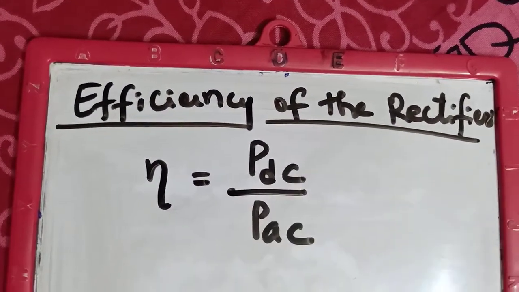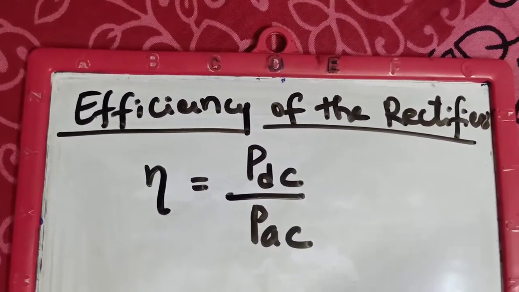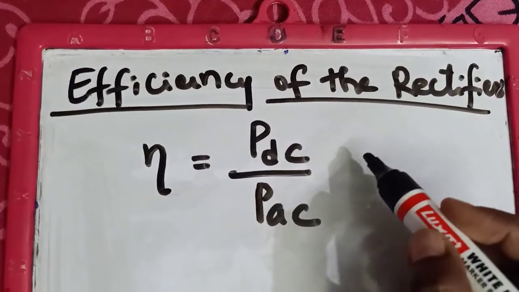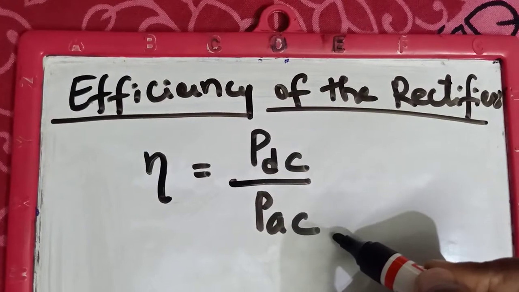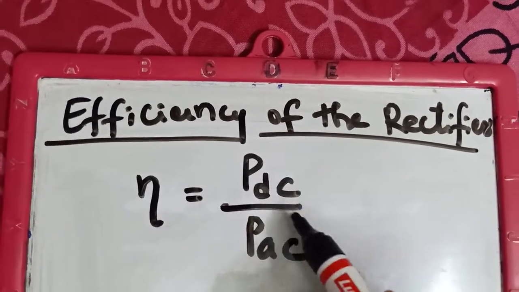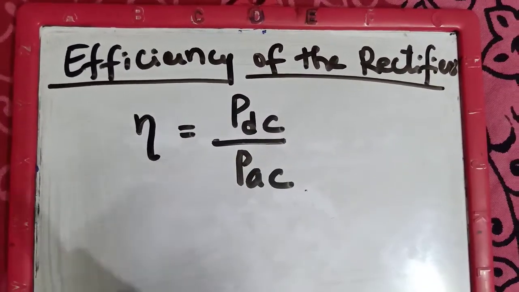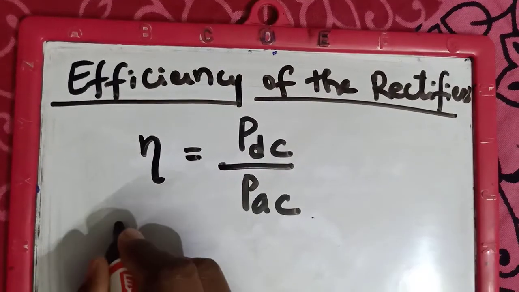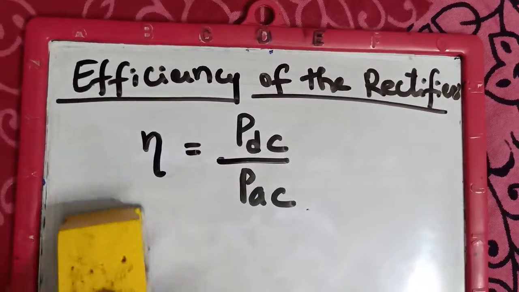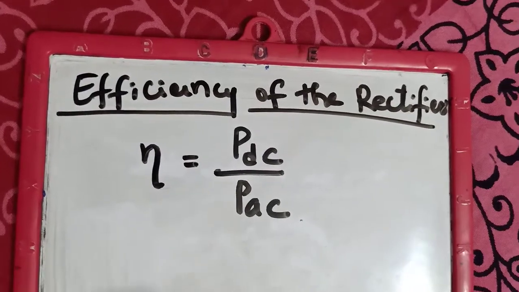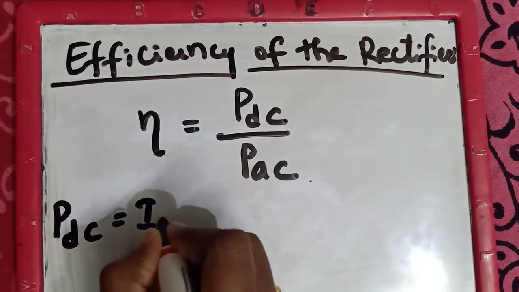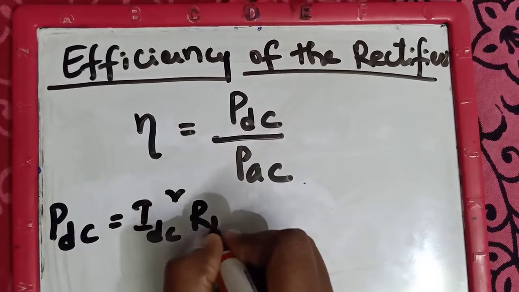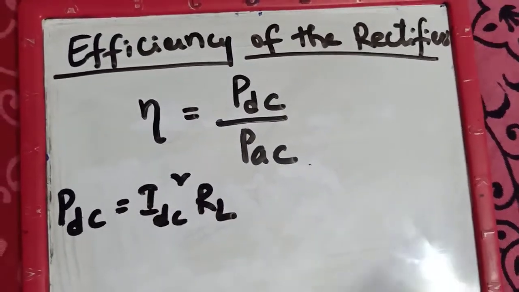It is the ratio of DC power delivered to the load to the AC power inserted as input, and this ratio is known as the efficiency of the rectifier. So we know the PDC equation: PDC is equal to IDC square RL.